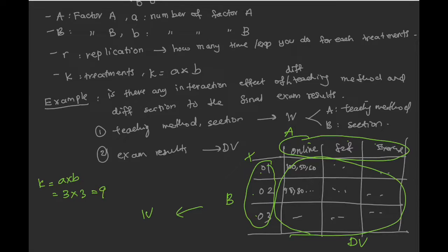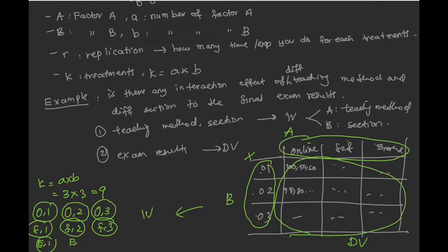So what are the 9 treatments? Online learning section 1, you get the first treatment. Online learning section 2, second treatment. Online learning section 3, third treatment. Okay, face-to-face section 1, face-to-face section 2, face-to-face section 3. You get 6. Exercise section 1, exercise section 2, exercise section 3.